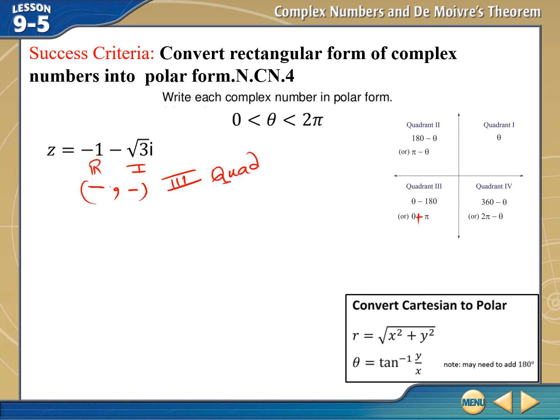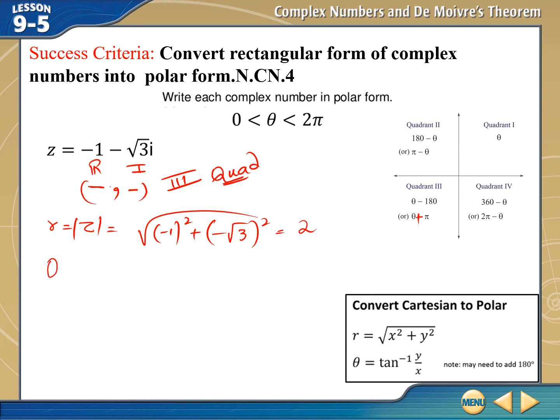So we have to use the formula pi plus theta. Now first of all, find out the r, that means the absolute value of z, which is a square, that means -1 whole square, plus b square, that means negative square root of 3 whole square. So it will give you 1 plus 3, that is 4, and it will give you 2.